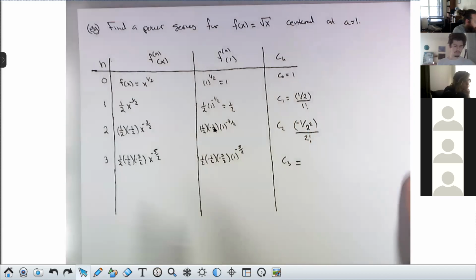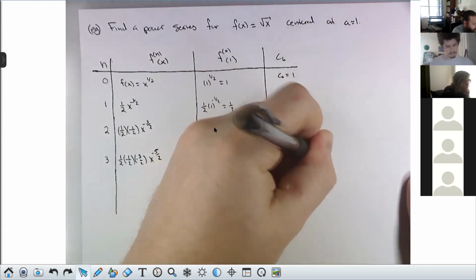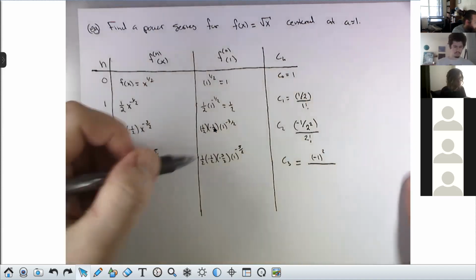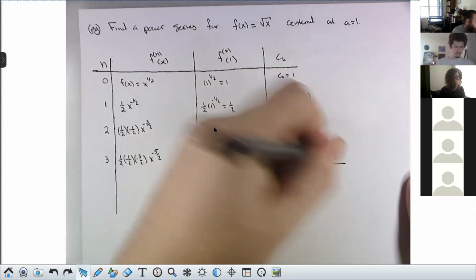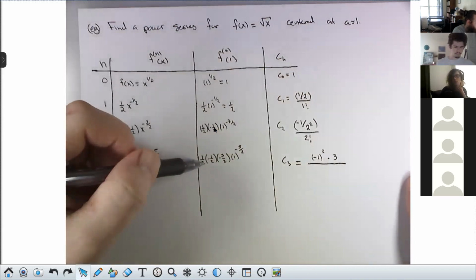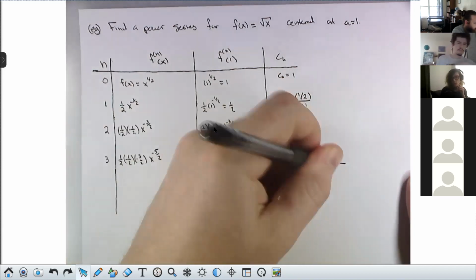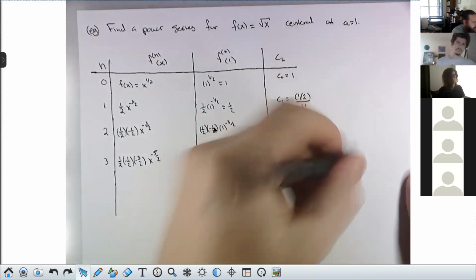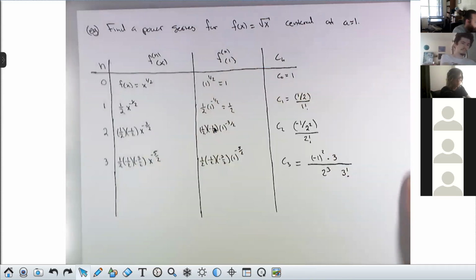I've got -1 times -1 is -1 squared, divided by 2 cubed, times 3, sorry, divided by 2 cubed. And then I also have to divide by n factorial, so I'll put a divided by 3 factorial here.